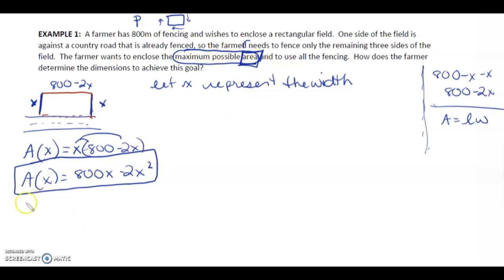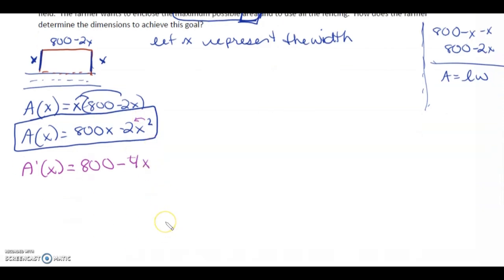So maximum possible area, we're trying to find when the tangent equals 0, right? We're trying to find that max point. So let's find the derivative of A. A prime of x equals, the derivative of 800x is just 800. And the derivative of negative 2x squared, we bring this 2 down, we get negative 4x. Okay, so we have the derivative, and now we want to find when this derivative equals 0.